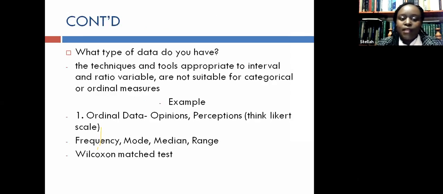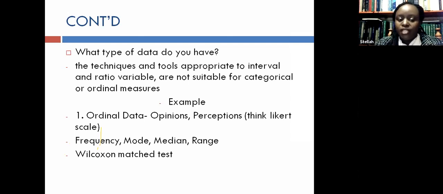The second one: what type of data do you have? We have different types of data. You could have ordinal data, nominal data, or interval data. So the type of data you have should tell you which statistic to use. Let me look at one example. If you're looking at ordinal data, that is things like opinions and perceptions, think about the Likert scale, where you say, I strongly agree, I disagree, and what have you.